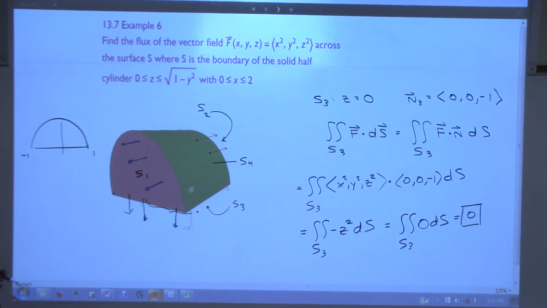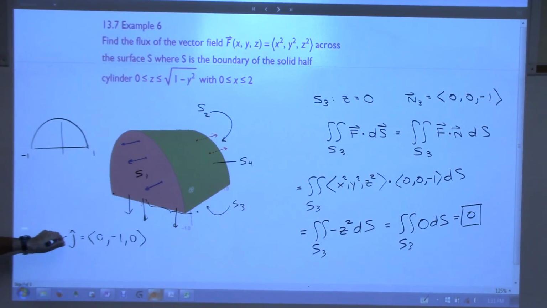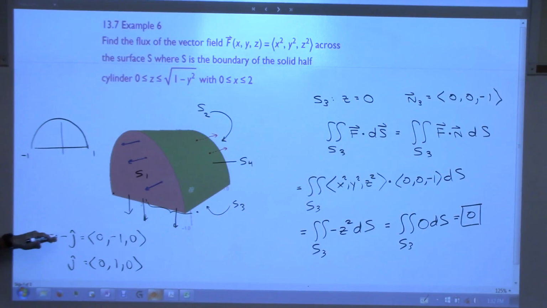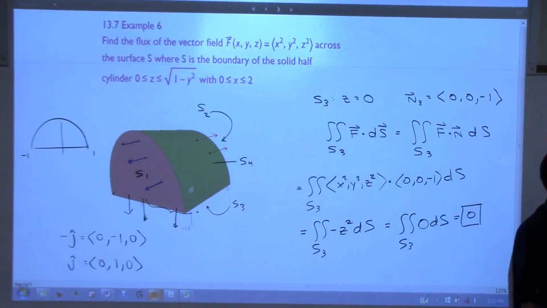No. J hat is defined to be 0, 1, 0. Negative j hat would be 0, negative 1, 0. I'm still not following. Is it just for the cross product? The switching signs in the cross product? Okay, I think I understand. When you do your cross product, the middle one always has to switch signs. That's what you're referring to? Okay.